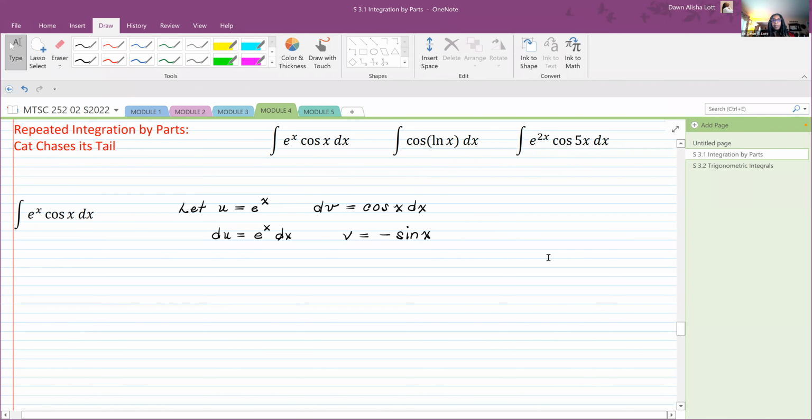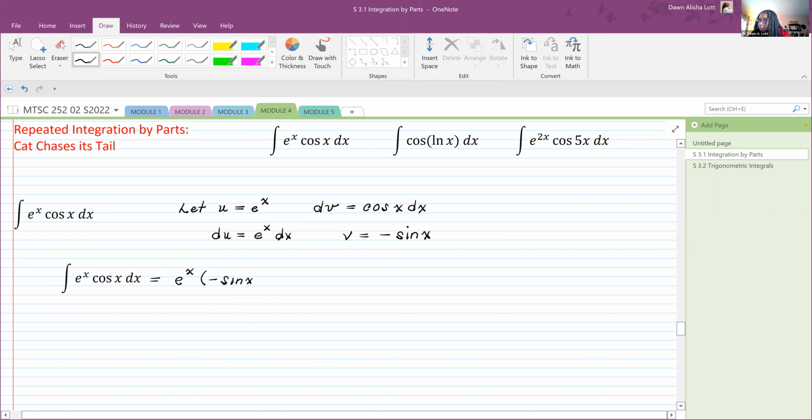Okay. So now we're going to do the integral of this. Again, you should know it by now. The integral of u dv is u times v minus the integral of v du. So now u times v is going to give me e to the x times v, which is the sine of x.